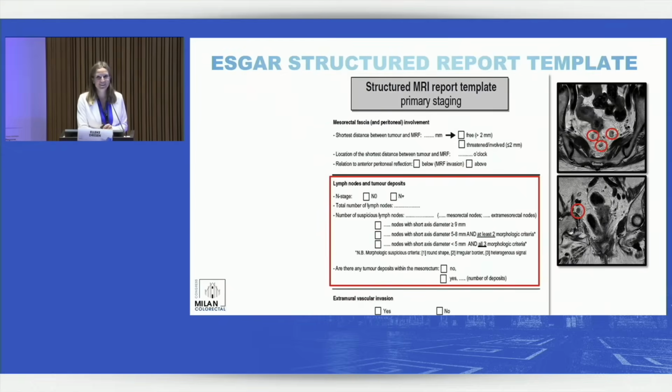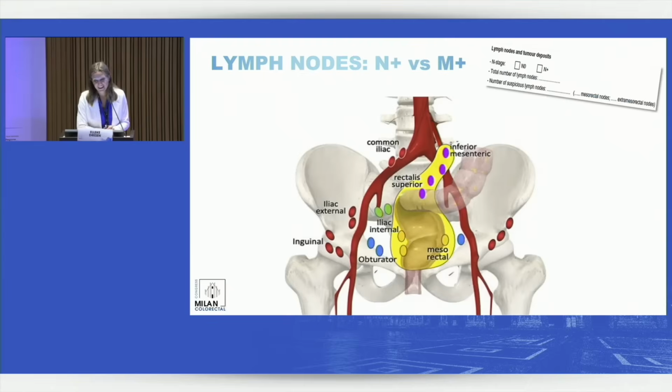The lymph nodes, my favorite subject. No, it's really difficult on the MRI, and it remains that way. We try a lot of things to increase our accuracy, but still it is challenging. Just for the location, of course, local regional, we call all those nodes in the mesorectal fat up to the aortic bifurcation.